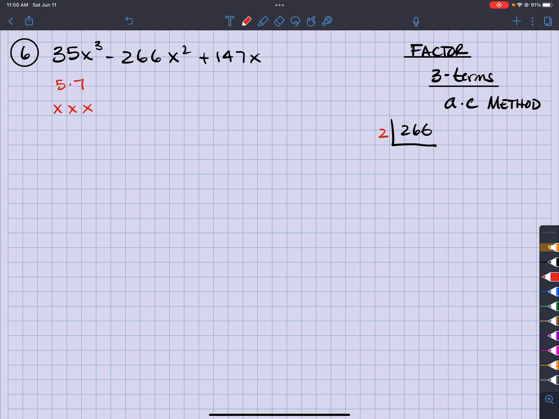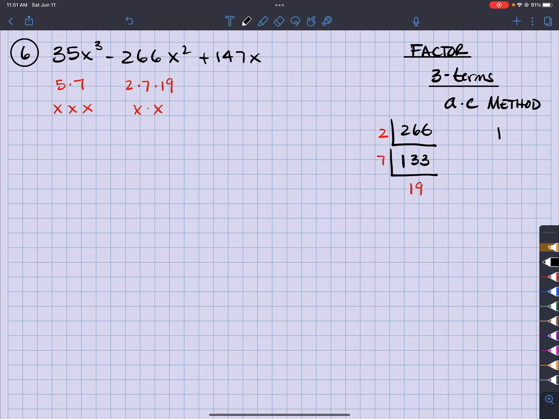How many times? That's going to be 133, I believe. And then what goes into 133? It's going to be 7. And it's going to end up being 19 times. So in that case, you're left with a 2 times 7 times 19, and then an X and an X.